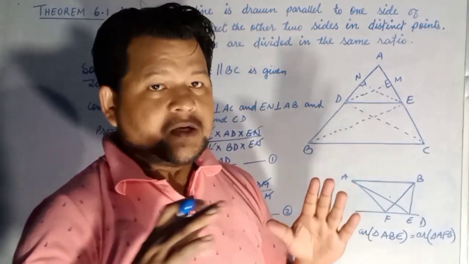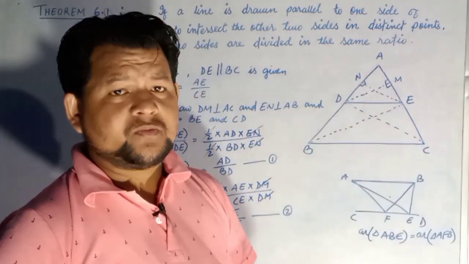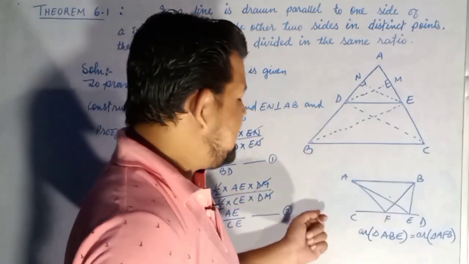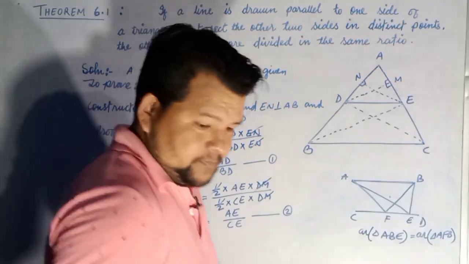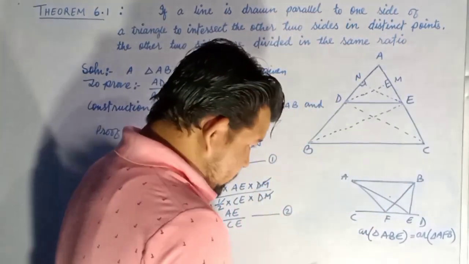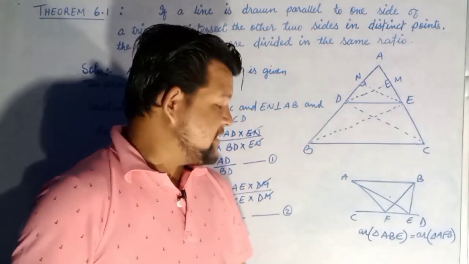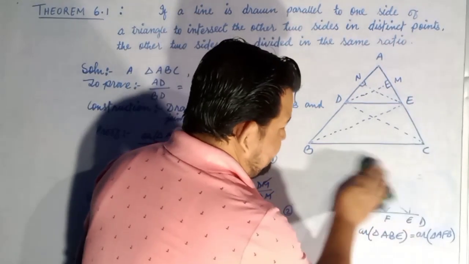So if two triangles are lying between the same parallels, between two lines which are parallel to each other, and if they are lying on the same base, then area of these two triangles are equal. So I think this is clear for you. So now let us solve more again.